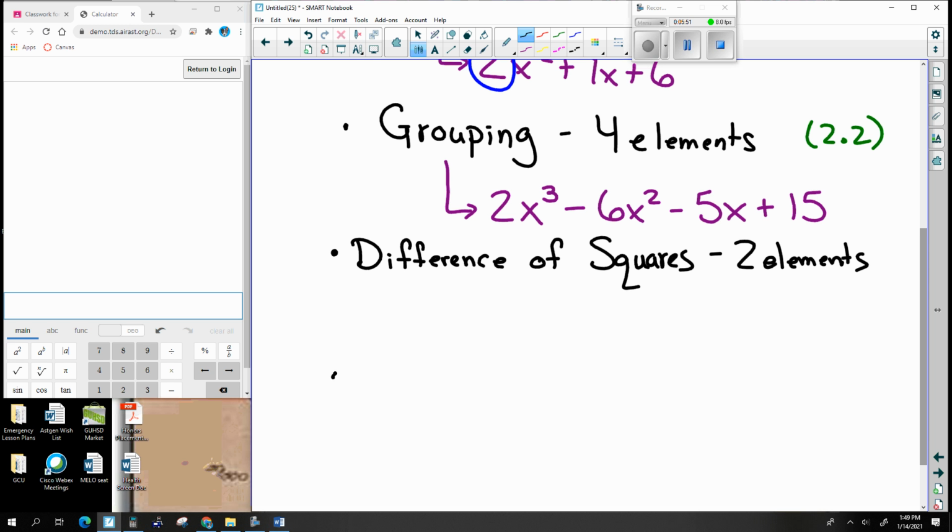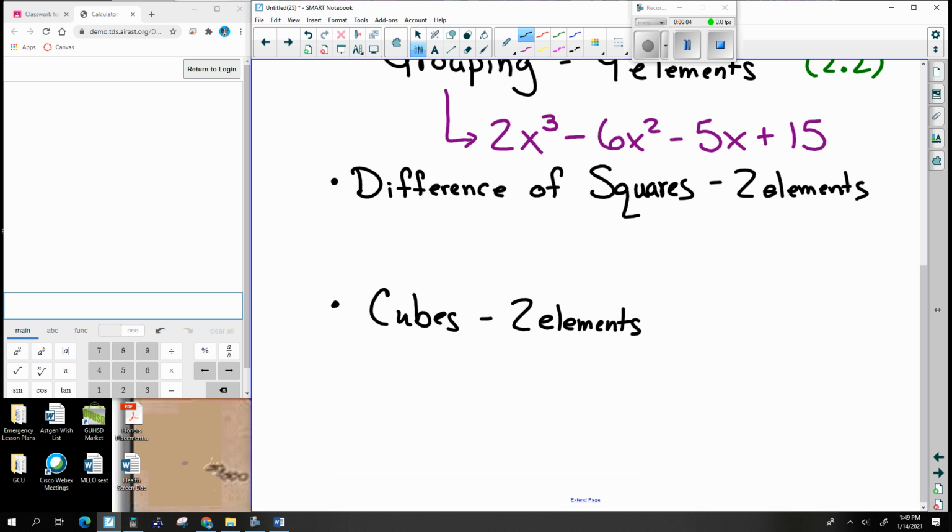Then we are going to do the sum and difference of cubes, again two elements. Squares and cubes are going to look similar, however the obvious difference is that squares are squares and cubes are cubes.